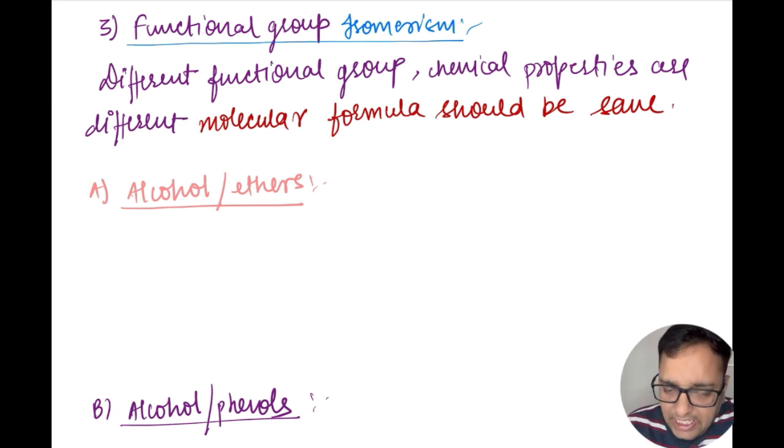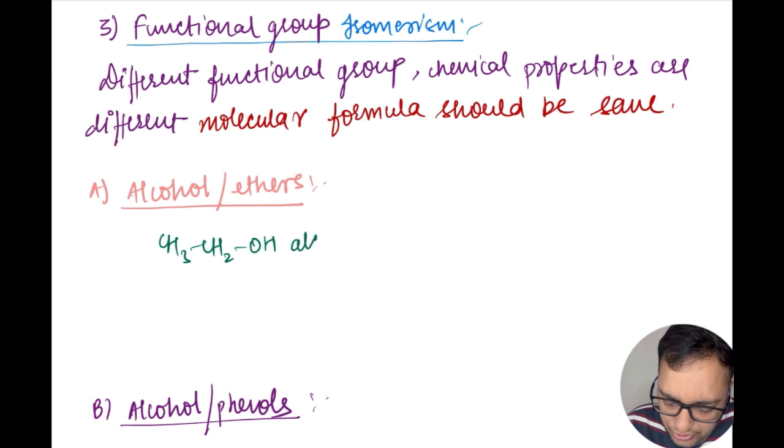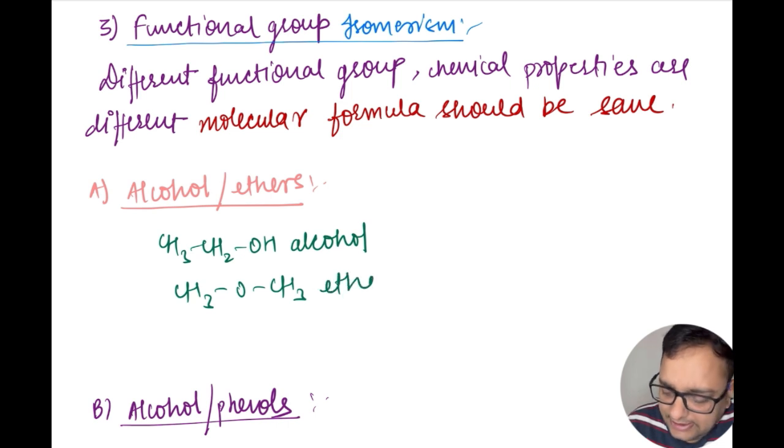First, alcohols and ethers. Both could be functional isomers, not always necessarily, but the molecular formula must be the same. If we take the example CH3CH2OH, this is an alcohol, and we have CH3OCH3. This is our ether.